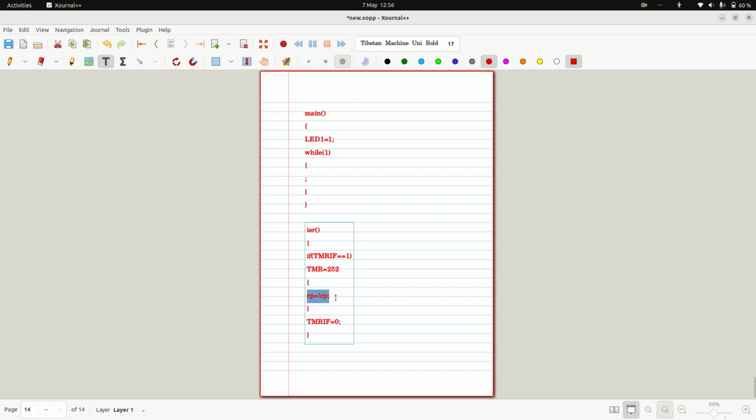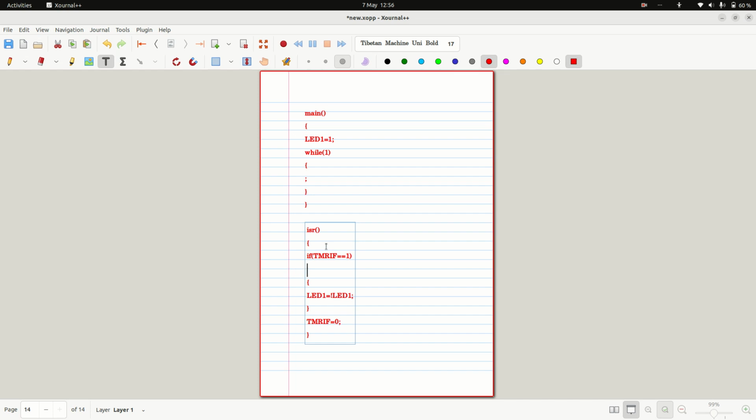LED 1 is equals to naught of LED 1. LED toggling happens. After that TMR IF is equals to 0. So this is the code.